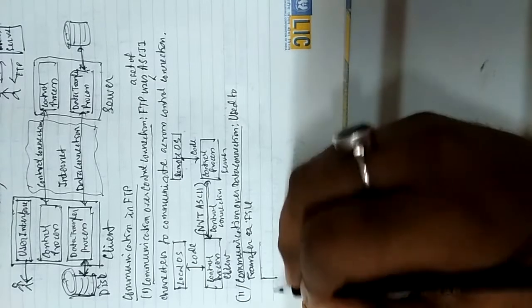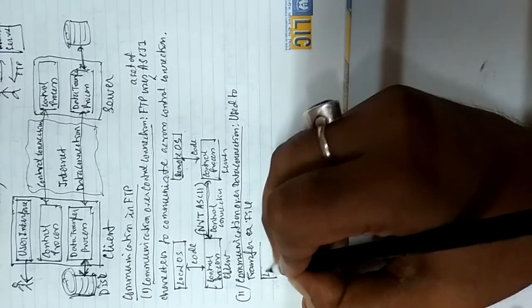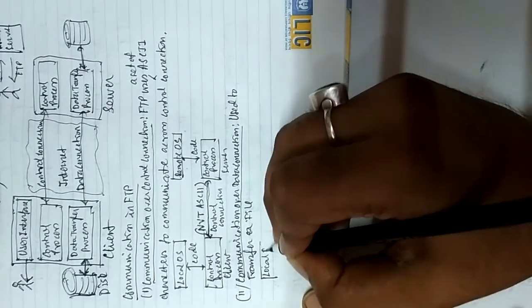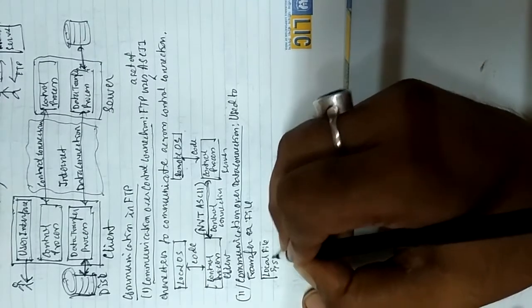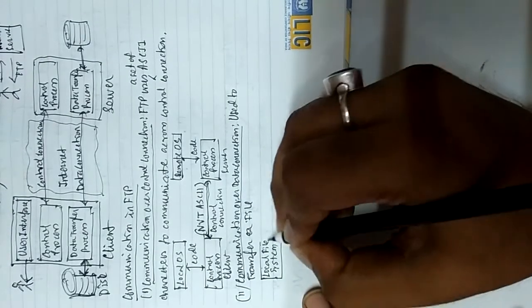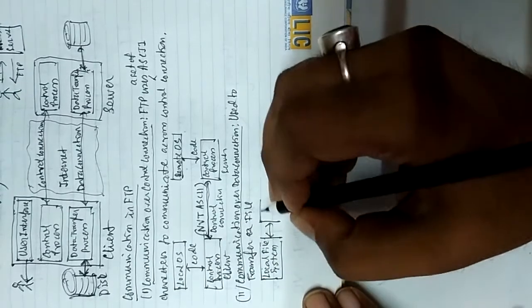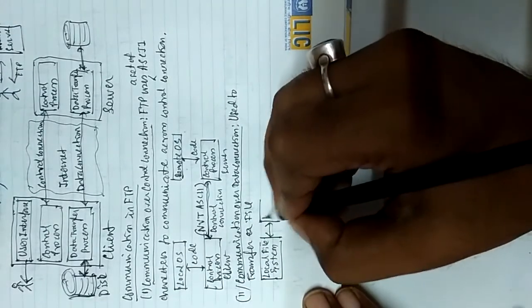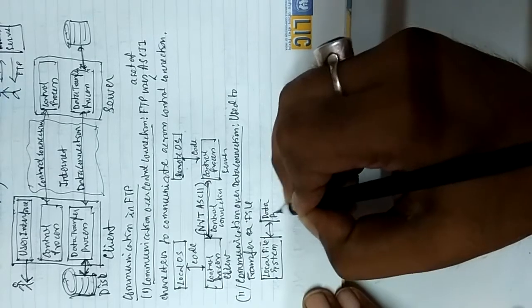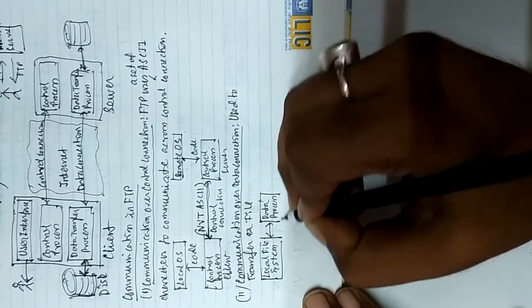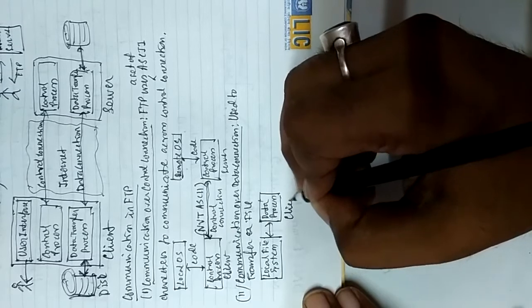Suppose this one is the local file system, and this one is the data process of the client.